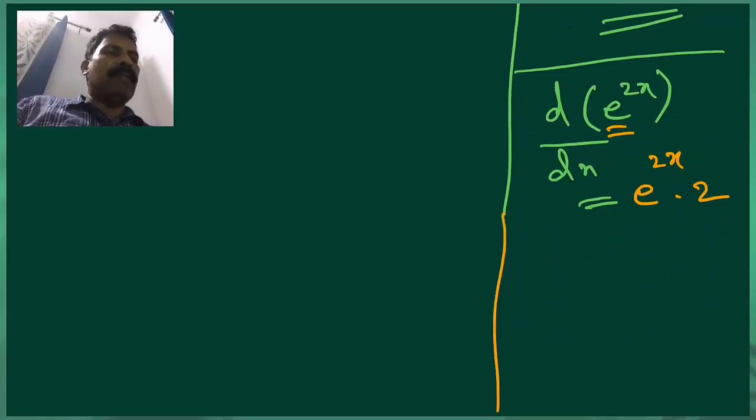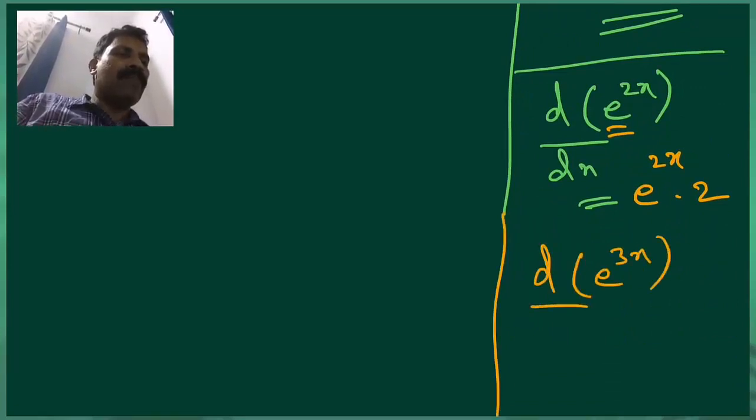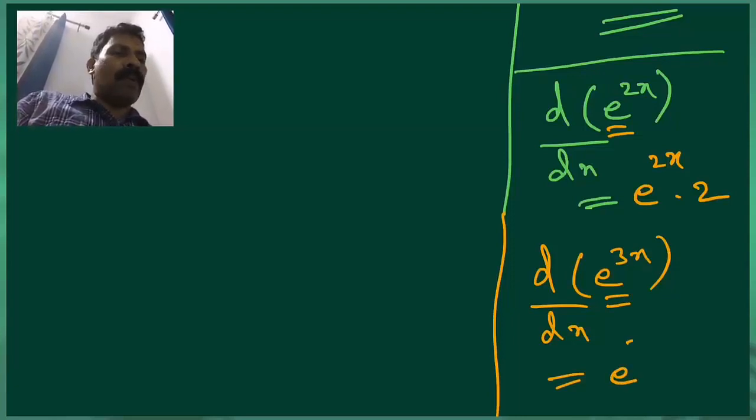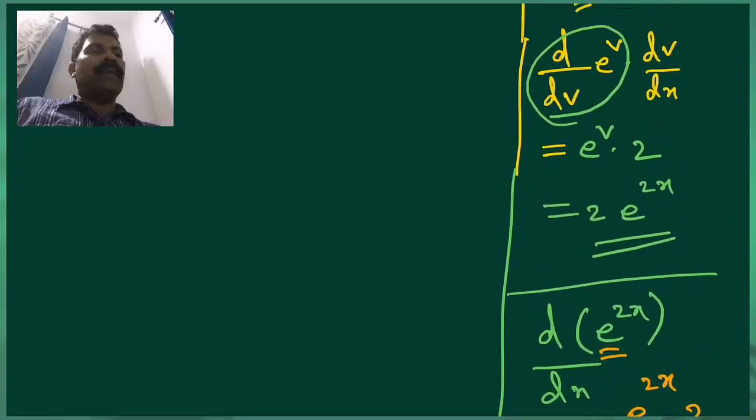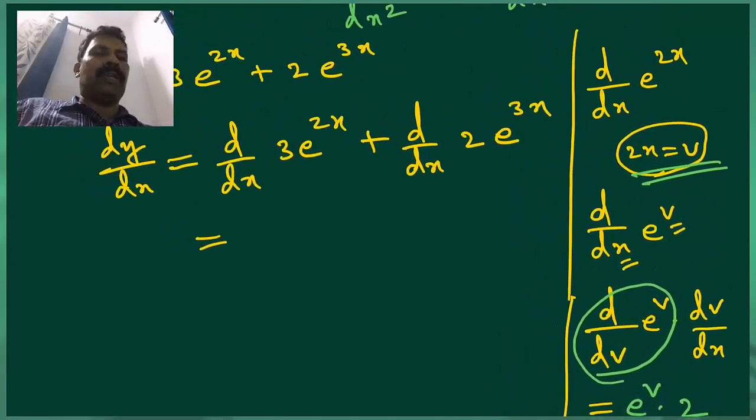Once again you please see, suppose you want derivative of e power 3x with respect to x. Then looking at e, then recollecting e power x derivative is e power x. So looking at e, you can write e power 3x copy paste, then derivative of 3x, that is 3. So this way you can have easily the derivative of such things.